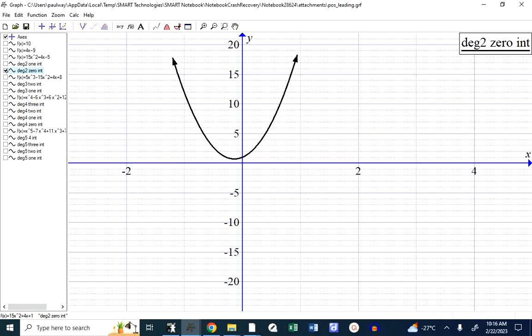One arm is going to go, in the example we have, down towards negative infinity. One arm is going up towards positive infinity. But a quadratic function is always going to have both arms that are either up or down. And that means you can move that graph someplace so that it lies entirely above the x-axis or perhaps below if it opens down.